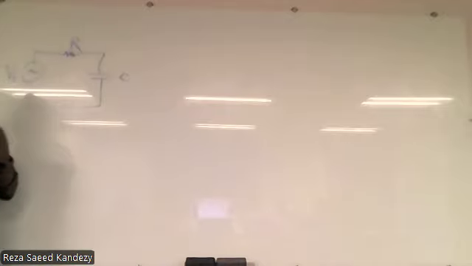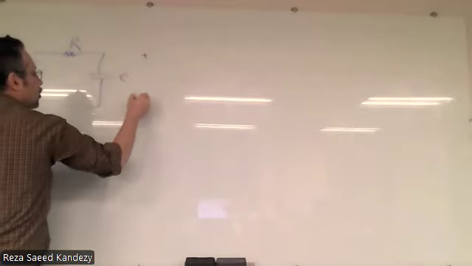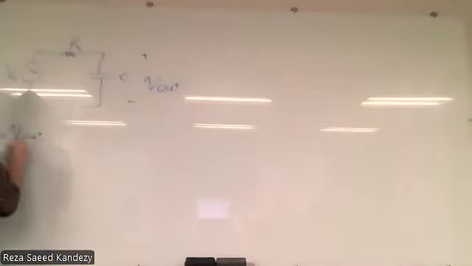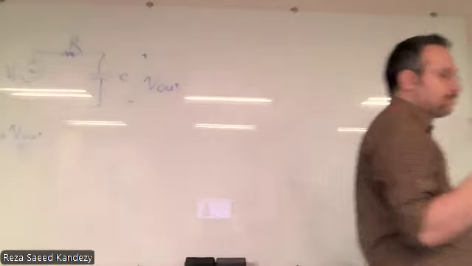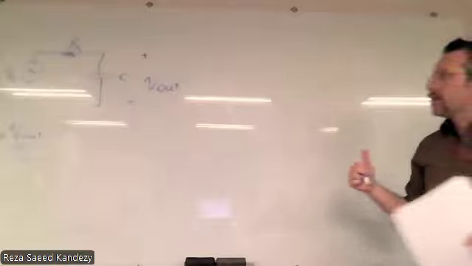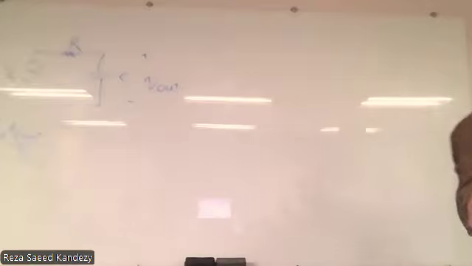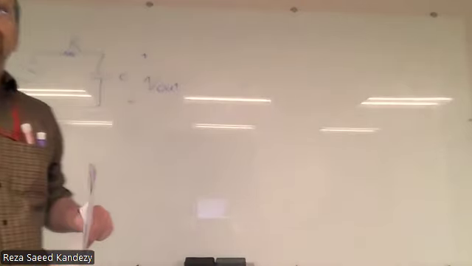The transfer function that we want to find is going to be the output voltage, which is the voltage across our capacitor, over the input voltage that we have in our circuit. Since this is a first order circuit, the equation is also going to be first order. So basically, the state space model is going to be the same as the equation itself.